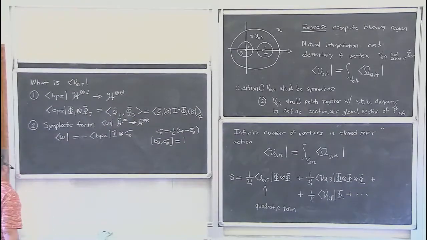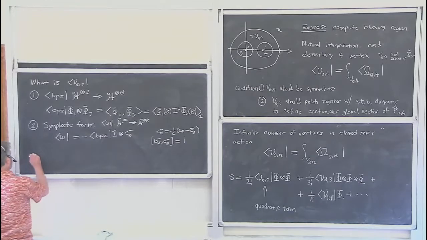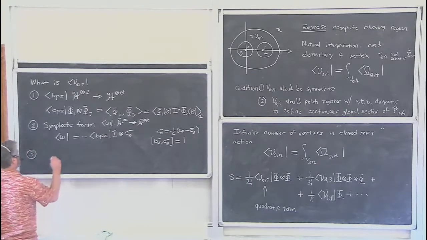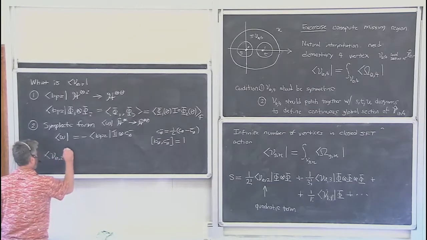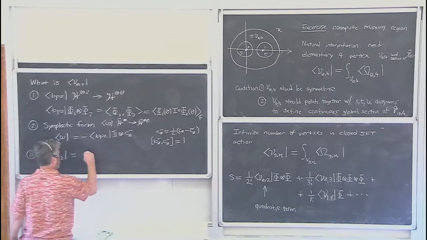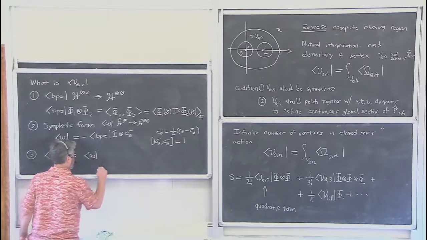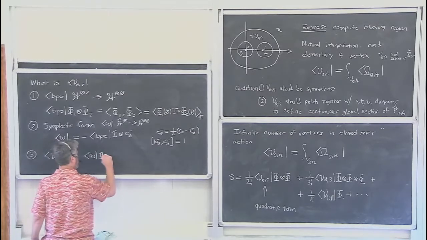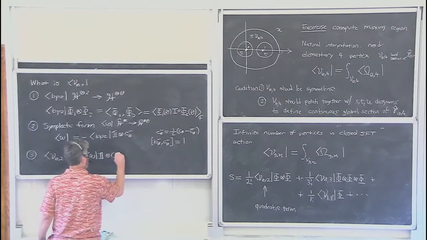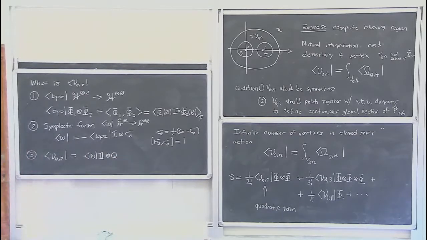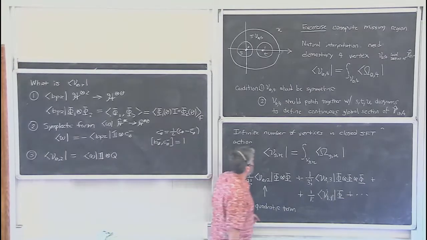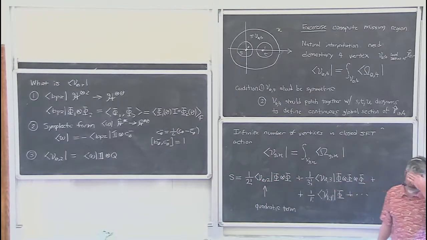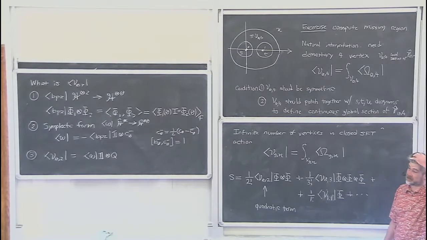And then it turns out that V02 is just given by the symplectic form times 1 tensor Q, up to a possible sign. So you get the BRST operator appearing in the kinetic term.